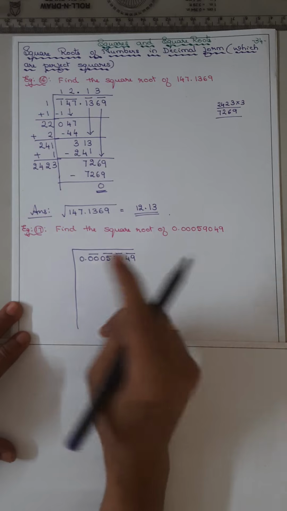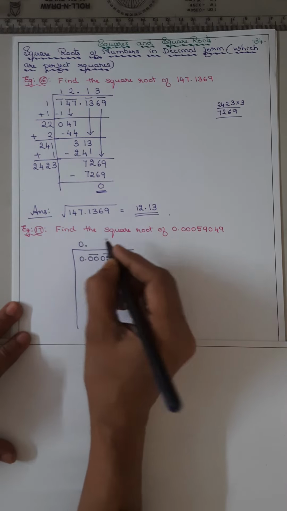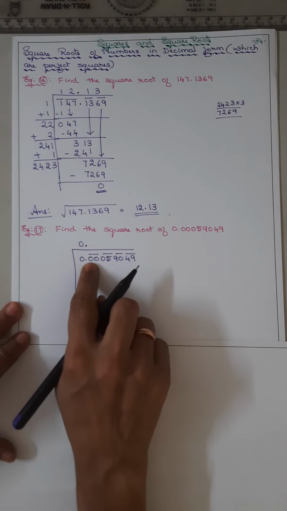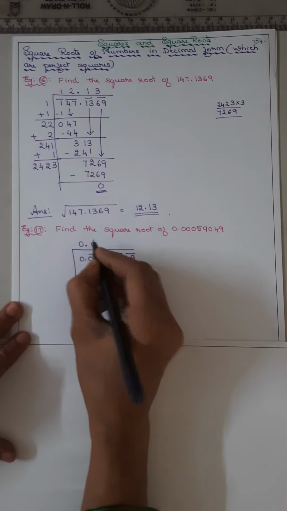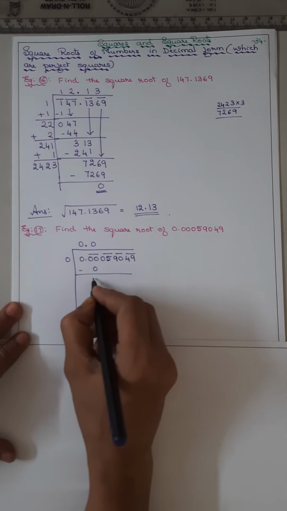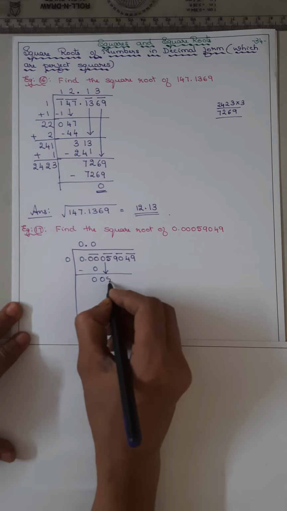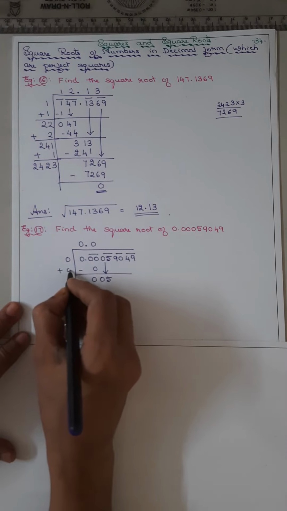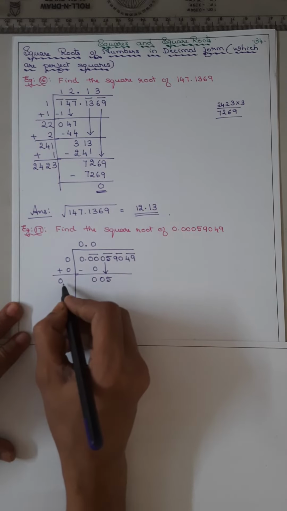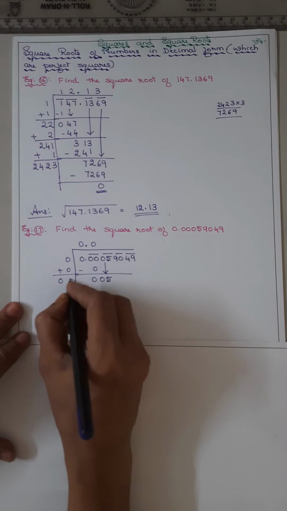Now 0 on the whole number side, so put 0 and then you proceed. 0, 0, 0. Next, bring this 05 down. When you add 0, it will be 0. Now if you put 2, 2 2s are 4, isn't it? So you put 2.